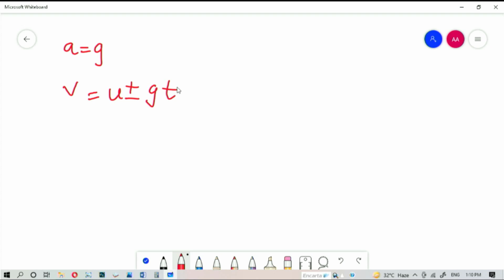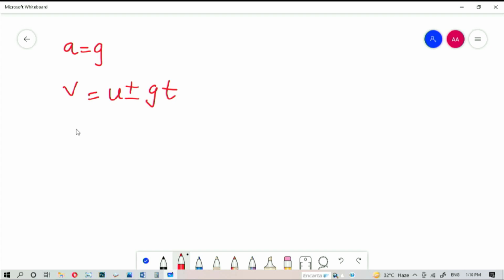You discover that a has been replaced by g, and the plus and minus sign is such that if the object is being tossed up, since the object is working against gravity, then g is minus, and if the object is falling down freely, then g is positive.